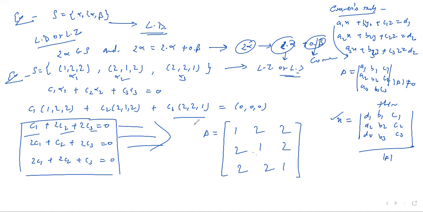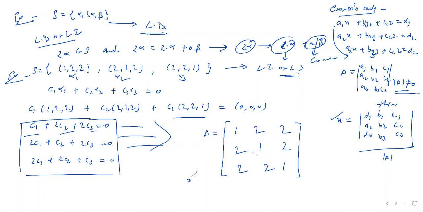So firstly I have to check the basic condition in Cramer's rule: if the determinant of A is not equal to 0, then we have the solution, and if the determinant is equal to 0, then we don't have the solution. Let's apply Cramer's rule first, then you'll see it clearly.